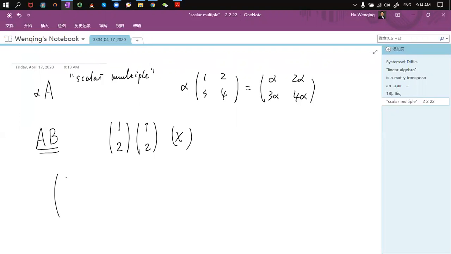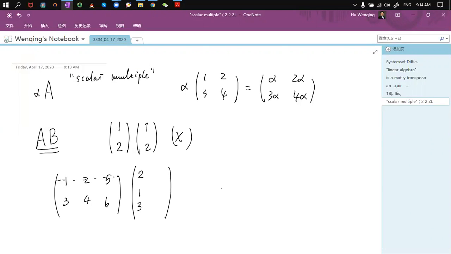Suppose the matrix A is 1, 2, 3, 4, let's say 6, 5, and 6. What kind of matrix can it multiply? Well, you have 3 columns in a row, so you must multiply, for example, 2, 1, 3.